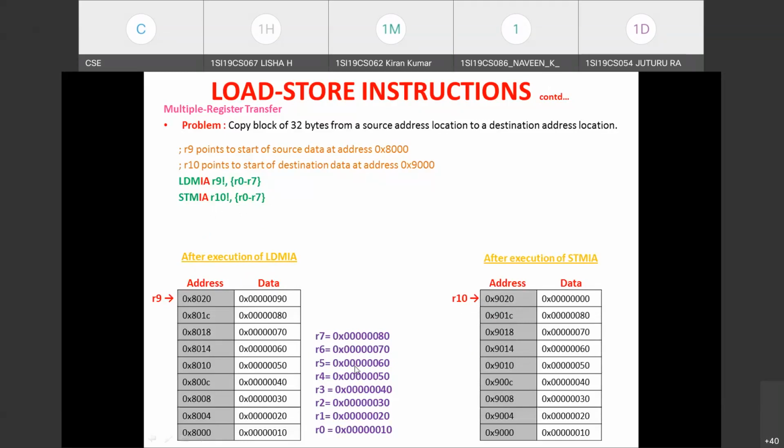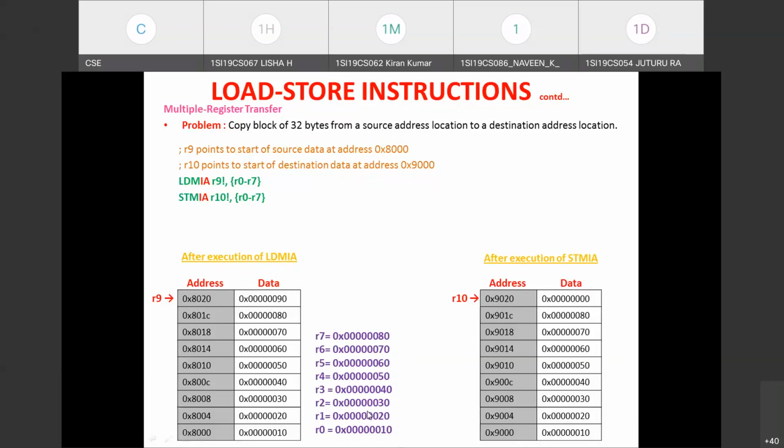So what happens? This is a store instruction. That means whatever data is held in the registers, we are writing to the memory. Since it is increment after, the data will be accessed from lower register to higher register. See, R0 register content is taken and written to the address 9000H, then the address gets incremented to 9004.